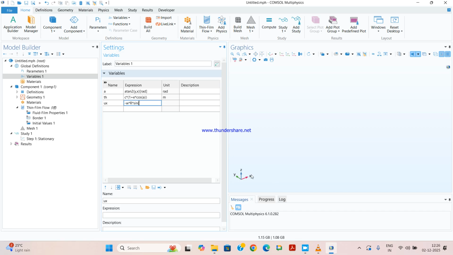You can see here this is x, z and y. So x will be this side, so it will be minus. And vy, the y direction, is positive only, so omega times r times cos theta.